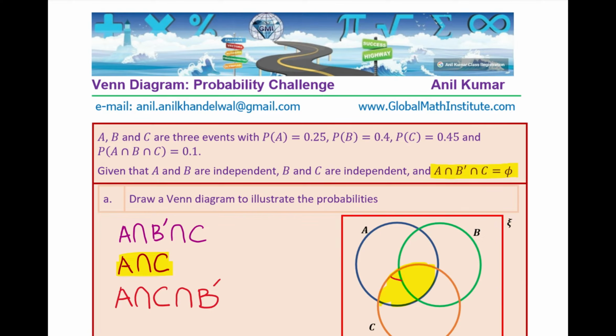So we are talking about this portion. You get this idea? This is A intersection C, and it intersects with something which is outside of B. You see that? That's the region. And now we are saying that this is a null set. That means here there is nothing common. It is zero. Do you see that?